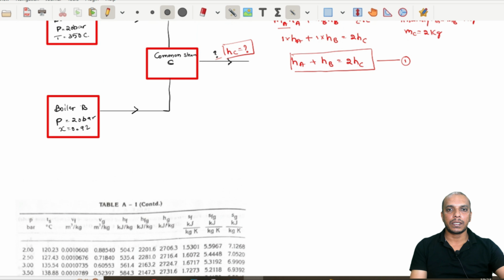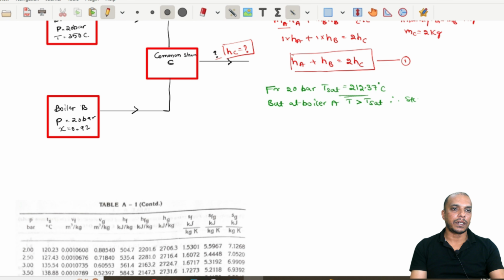So, for 20 bar, the boiling temperature is 212.37 degrees Celsius, which is T saturation. But at boiler A, the temperature is greater than T saturation. Therefore, steam is superheated.